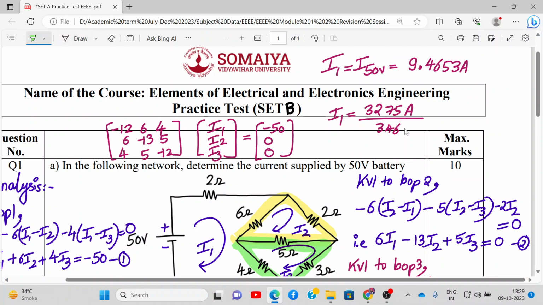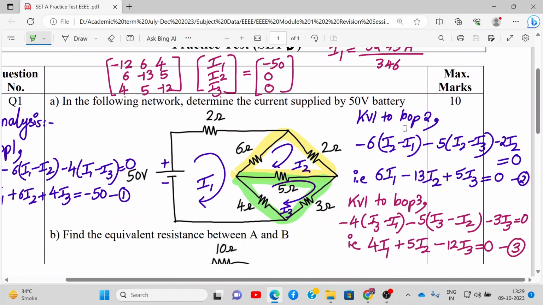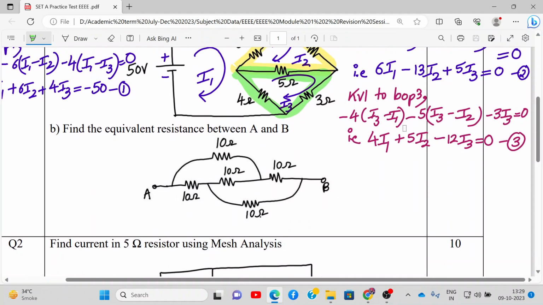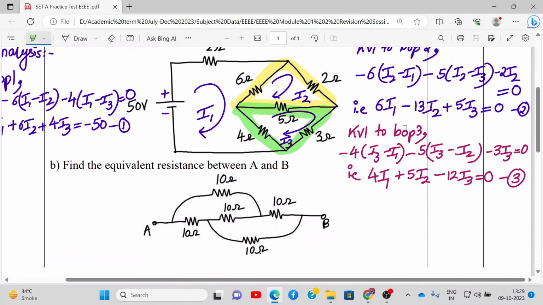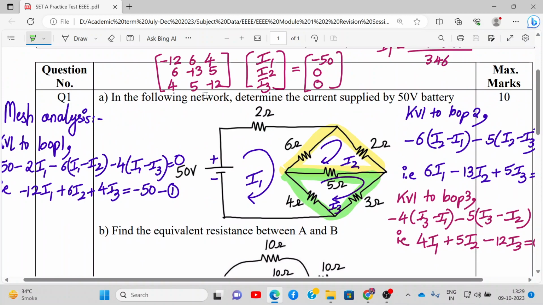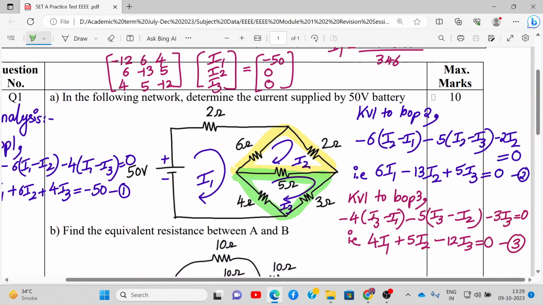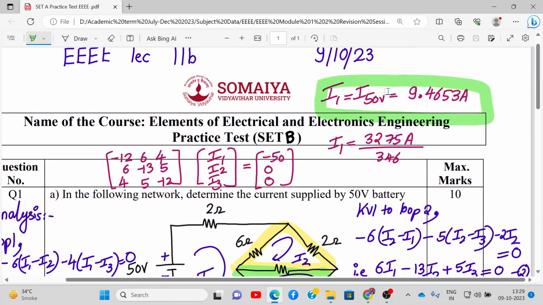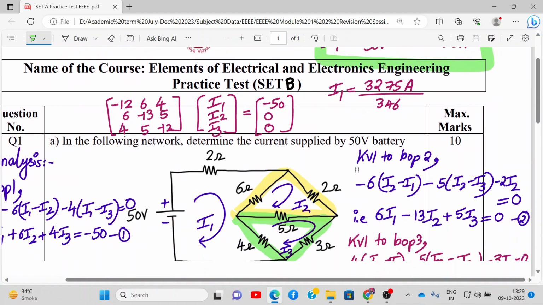So that is the value of the current supplied by the 50 volt battery. It was asked for 5 marks. Once you get the value of the current supplied by the 50 volt battery, this will fetch you 5 marks.